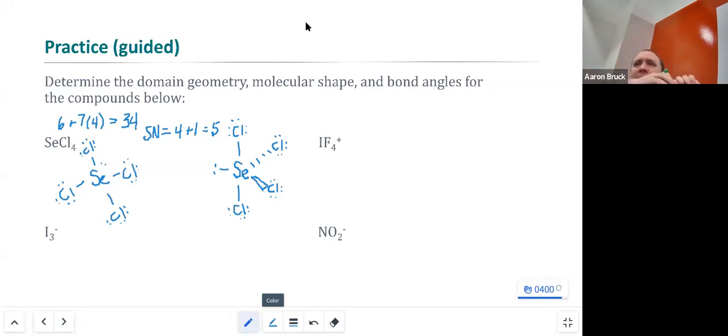And then I'm going to pop off that extra bonding position in the equatorial plane, because that doesn't actually exist there. I'm going to use this ball here to represent that lone pair. And so what do I have left over here? Well, we can go to our chart.